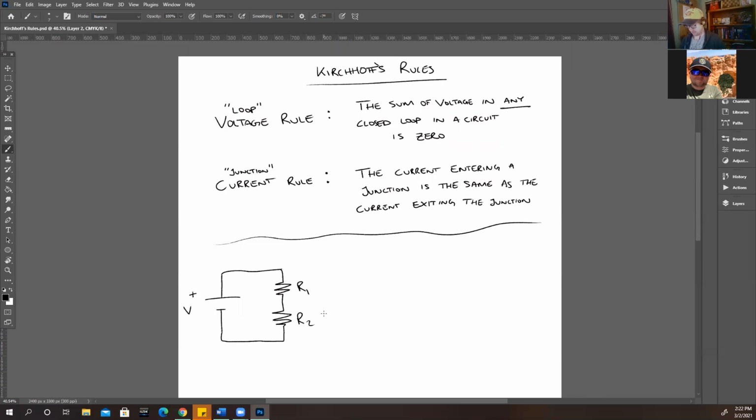And we saw this is just one big loop. How many things are in this loop? Well, there's one battery and 2 resistors. And last week we saw that we had a battery of 9 volts. And if these 2 resistors had the same resistances, they both shared the same amount of voltage. If you remember, they were both 4.5.